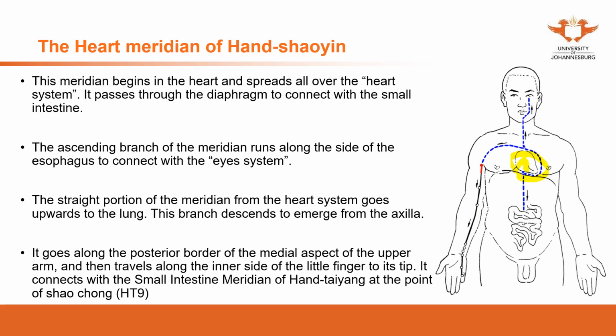It passes through the diaphragm and connects with the small intestine. So it goes downwards to the small intestine. And then it goes backwards, outwards, towards the eye system, goes all the way up, linked to the eye.